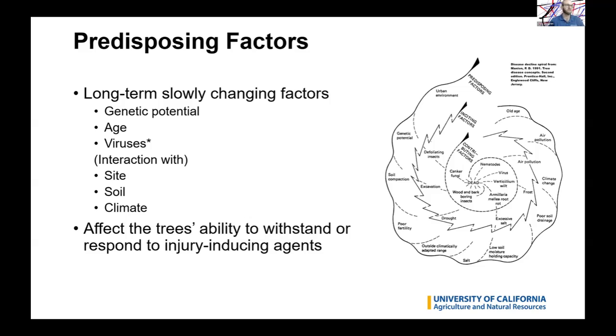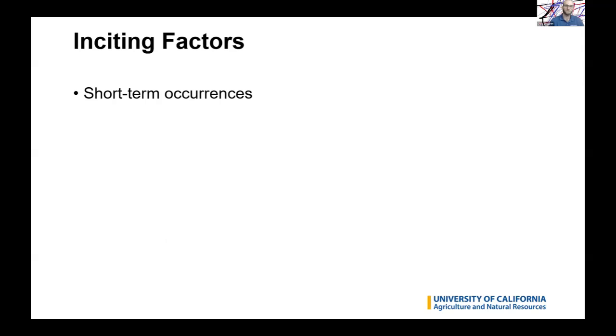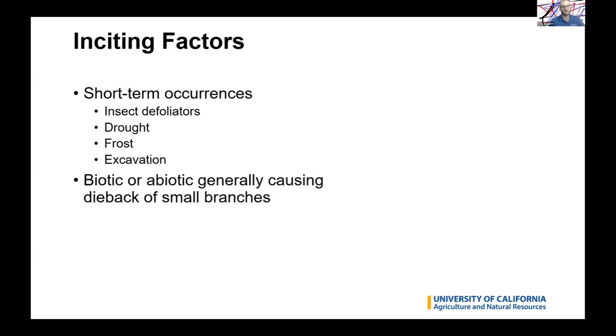Ultimately, these predisposing factors weaken the tree and make it more susceptible to these inciting factors, these short-term occurrences, which come in and really start causing the tree to decline. These are things like insects, drought, which I'm going to go into a little more later, and frost. In urban settings, we have human disturbances like excavation. These are what cause the first signs that we see of dieback or decline of a tree.